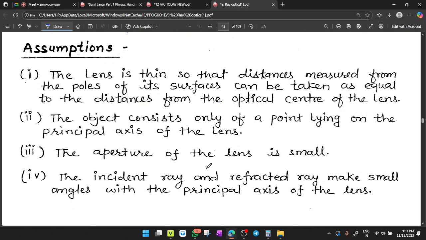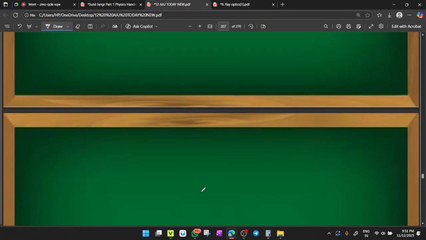Now, important assumption. As optics is full of assumptions, here also you have to consider some assumptions during the derivation. The lens is thin, so the distances measured from the poles of its surfaces can be taken equal to the distance from the optical center of the lens. Now, what does this mean?